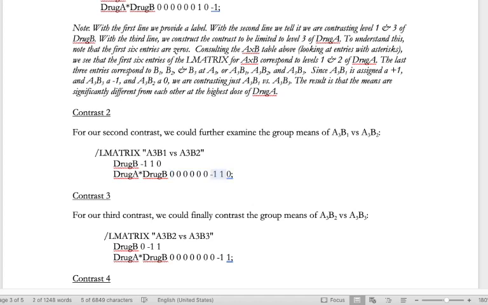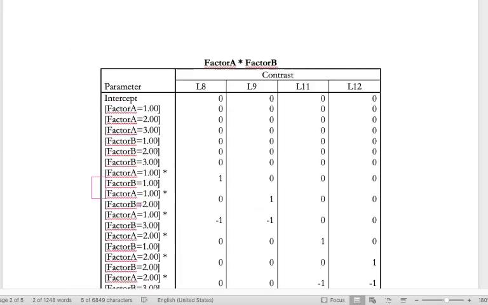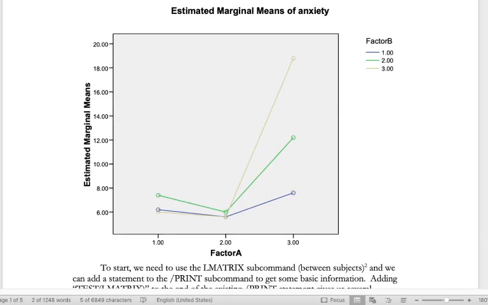And we can take this one step further. So we did A3B1 to B3 and B2. Now let's look at A3B2 versus A3B3. So that's the final comparison here.